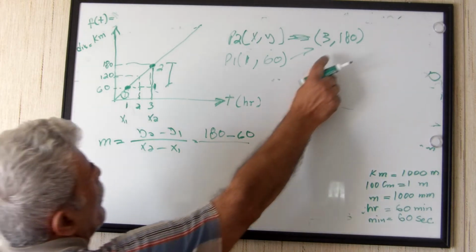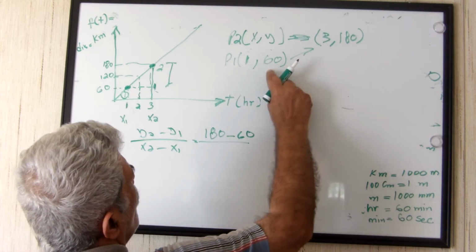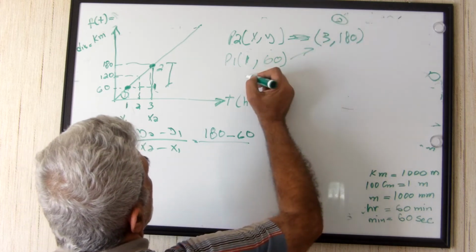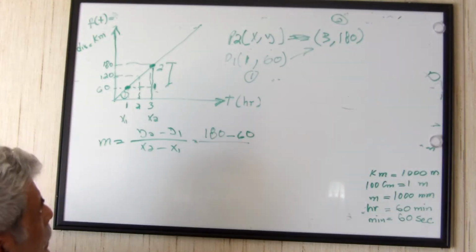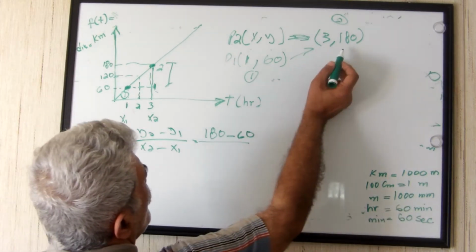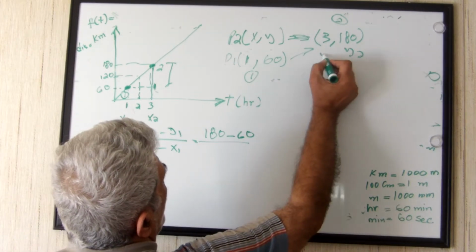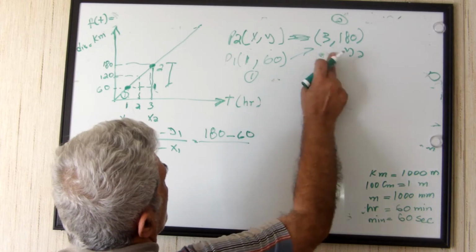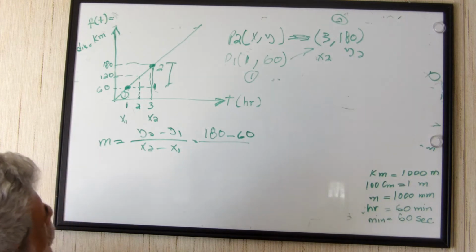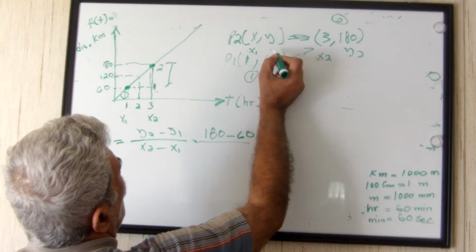The y2 minus y1 over x2 minus x1: at point 2 we have x2, y2, and at point 1 we have x1, y1.